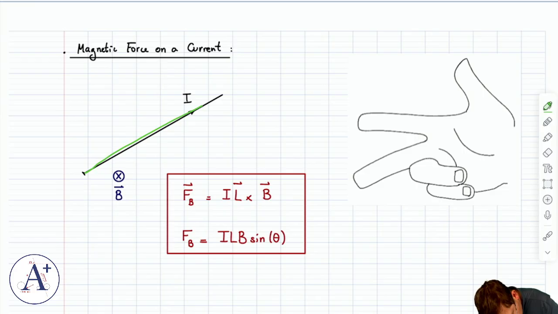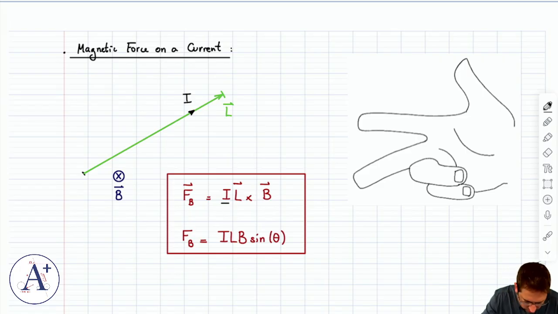So in this particular case, this would be L. It's the length of the wire that carries the current, and then I is just the current itself. But you create that so that you have a vector with which you can do the cross product.